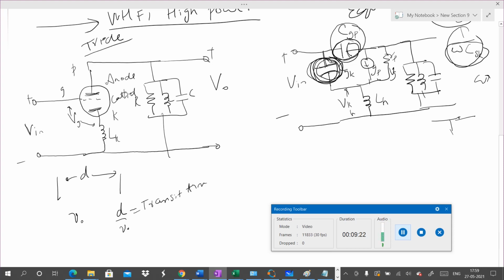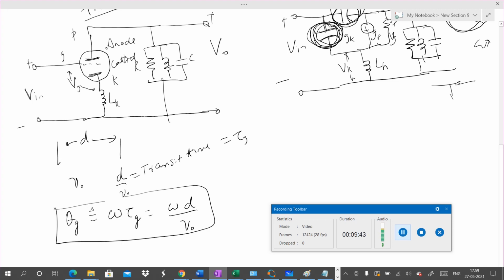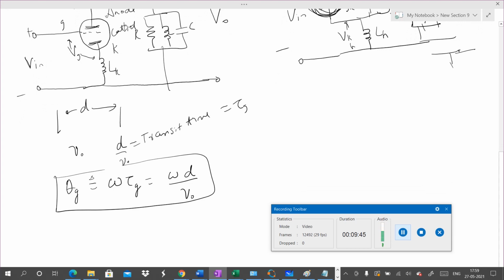There is an angle called the transit angle, theta g, which is defined as omega tau g, where tau g is the transit time, so we write it as omega d over v naught. So the transit angle, and hence the transit time, also depends upon frequency.